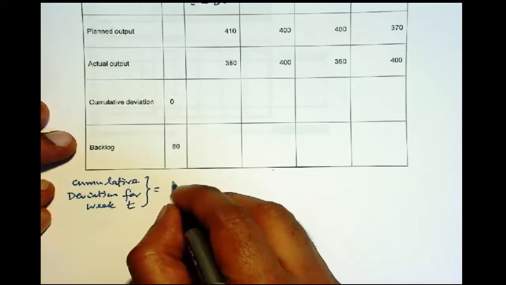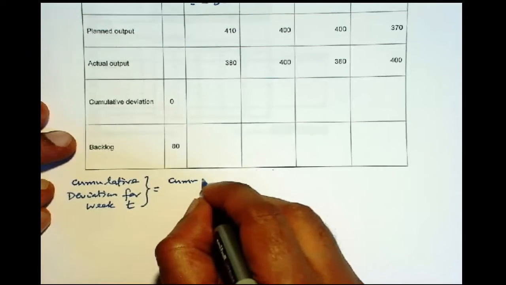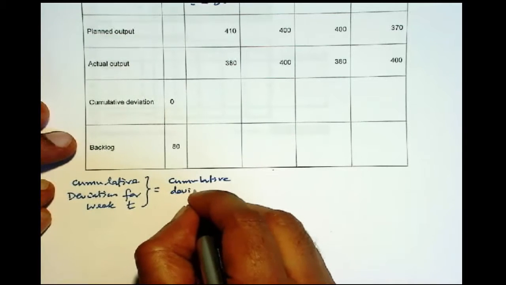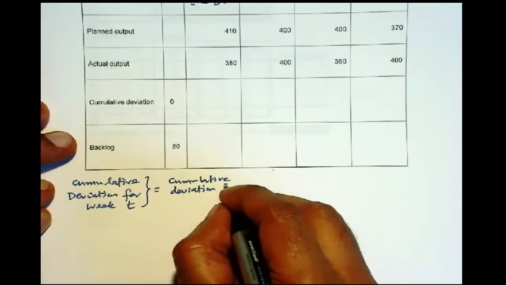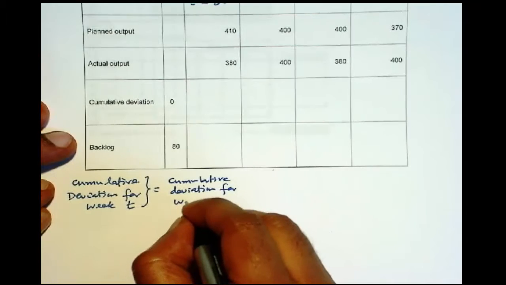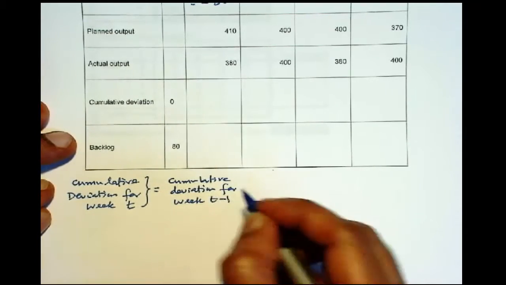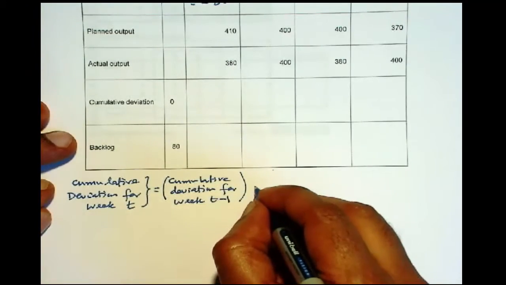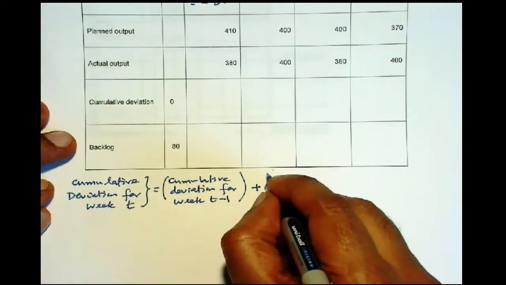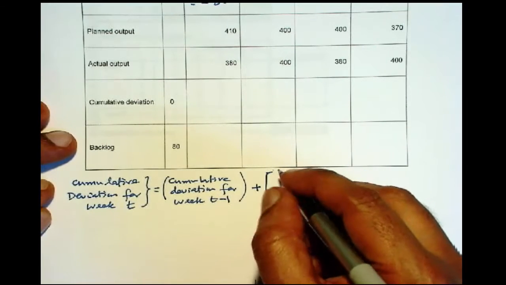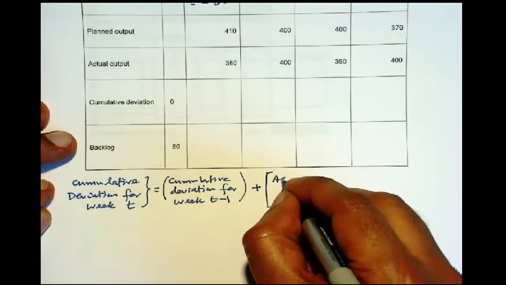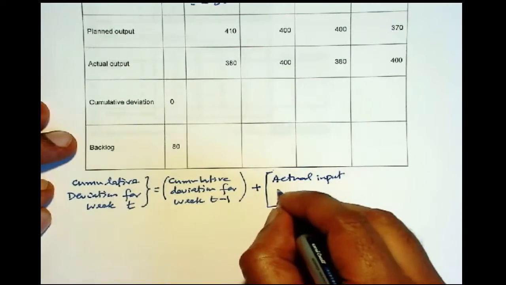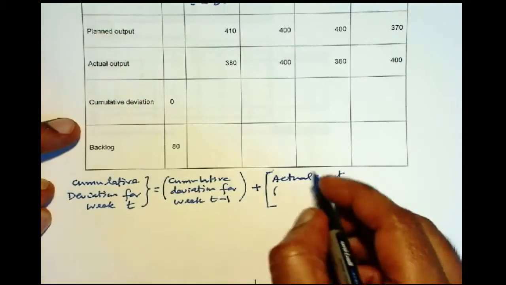That is equal to the cumulative deviation for week T minus 1, so that is the previous cumulative deviation. Then to that you add the actual input or output. We're going to be doing this for output also.